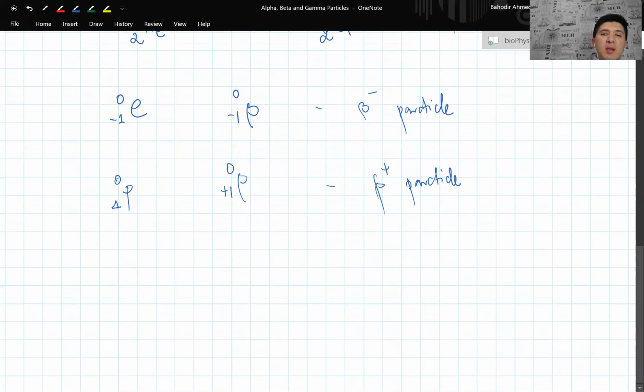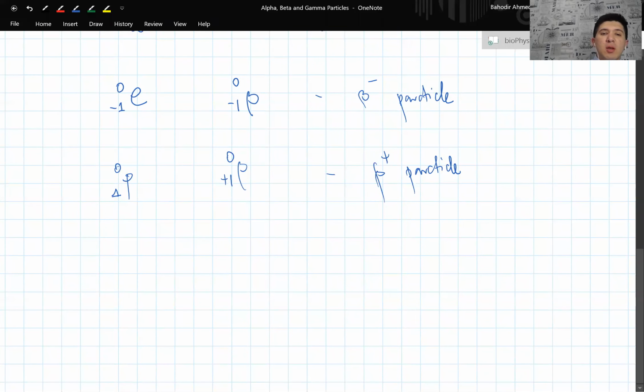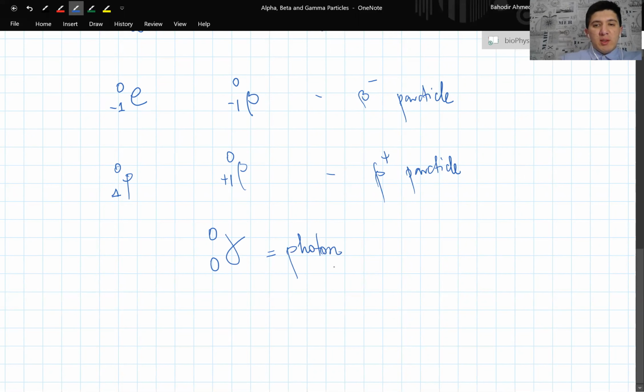And the last type of particle is going to be the gamma particle, which is going to have no mass and no charge, which is basically the gamma photon. So this we are going to call a gamma particle.